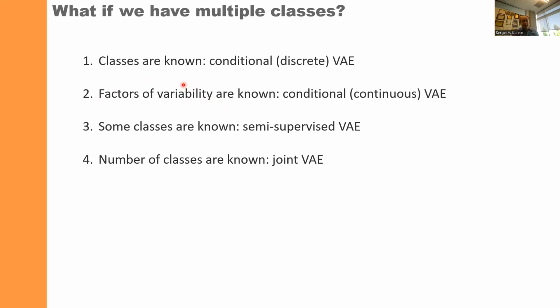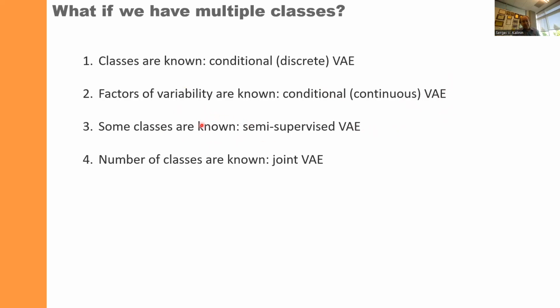This factor of variability can be, for example, the temperature when you take the experiment. It can be the beam parameters. Whether this is useful or not is something that needs to be explored and experimented with. For the time being, I'm aware of 3 or 4 papers where the conditional VAEs have been used for physical problems. So if you decide to go and explore this direction, you would basically be doing something new.